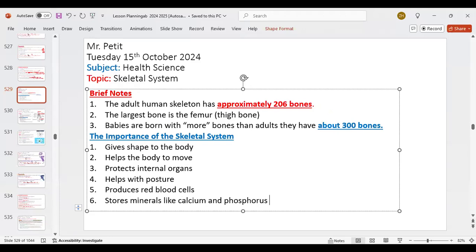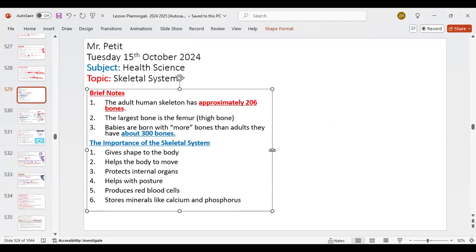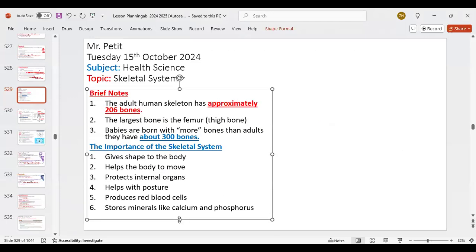Okay, so that's it about the skeletal system. Now write this down for me, please. Nika Roll, can you hear me? Can you see my screen?